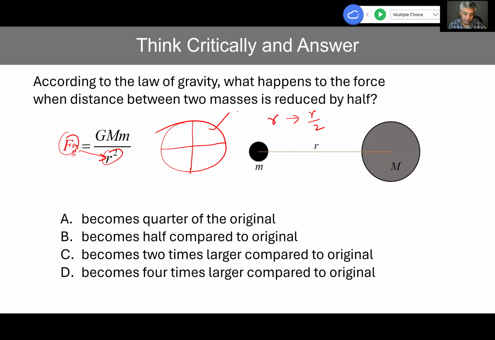So when we divide by a larger number, the value becomes smaller. Just by knowing this, we could have eliminated these two.